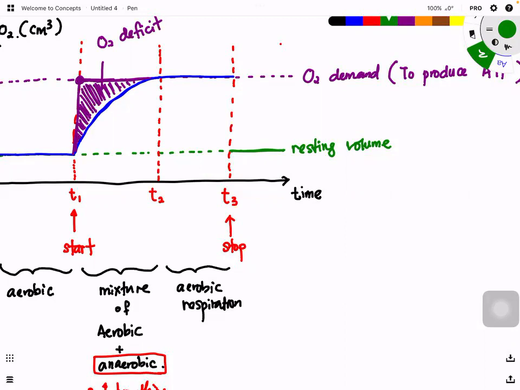It drops slowly, and now meets the resting volume. So this part, can you see that? The extra O2 that you take in here is termed EPOC, or in our syllabus we call it O2 debt.